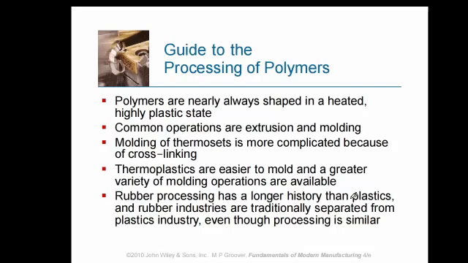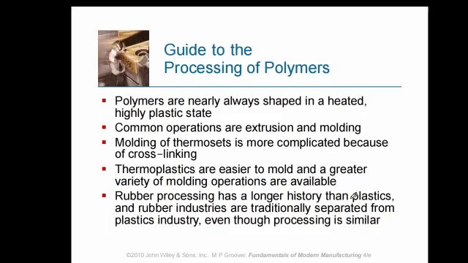And then when it comes to processing of polymers, polymers are nearly always shaped in a heated, highly plastic state, and common operations in production of polymers include extrusion and molding.